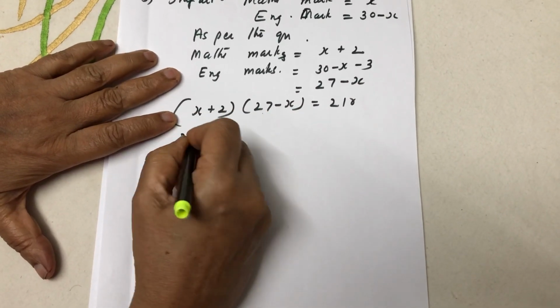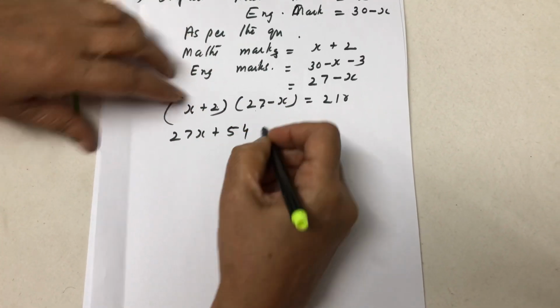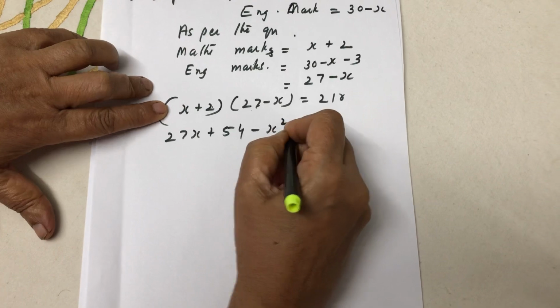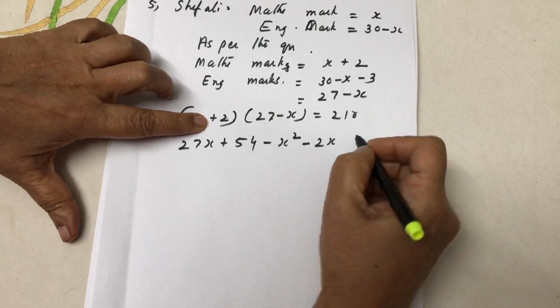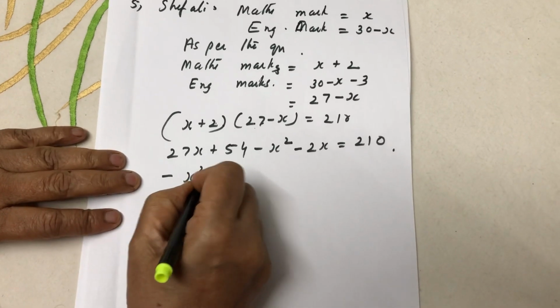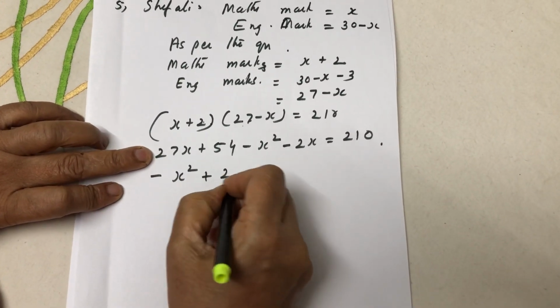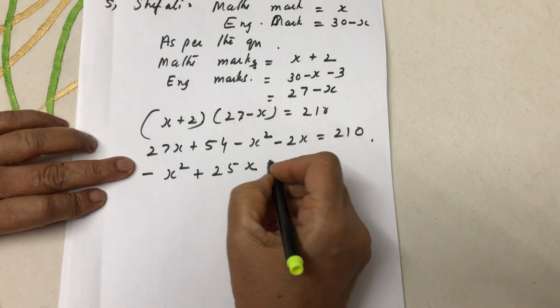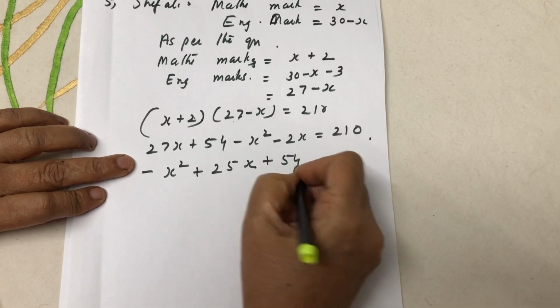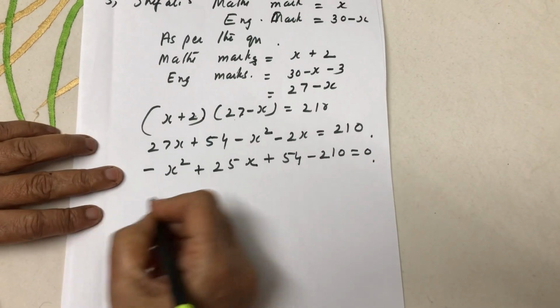So 27x plus 2 into this is 54 minus x squared minus 2x is 210. So minus x squared, 27x minus 2x is plus 25x, plus 54, minus 210 equal to 0.